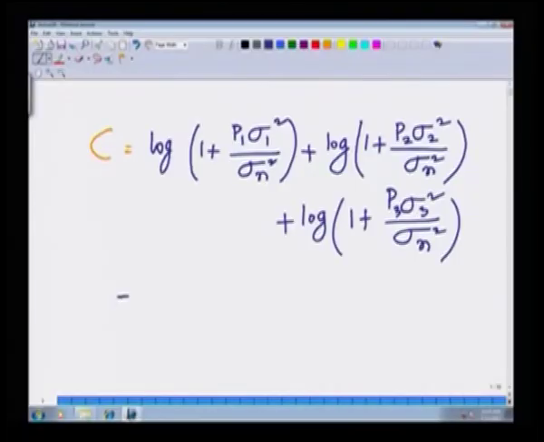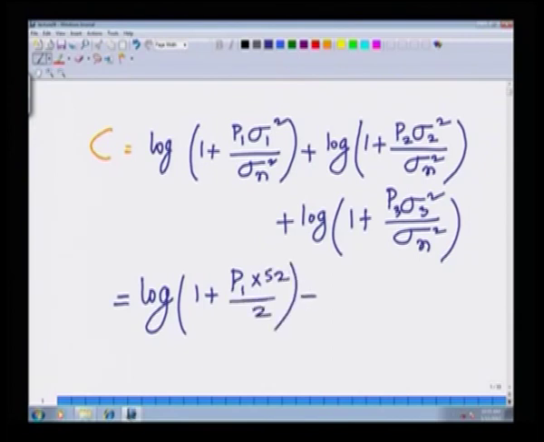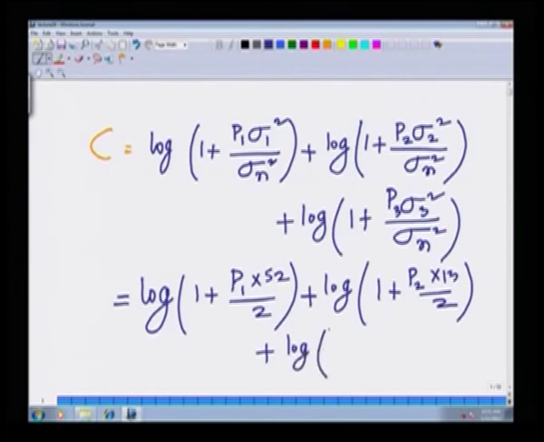This can be represented as log 1 plus P1 into 52 divided by 2, since sigma 1 squared is 52, plus log 1 plus P2 into 13 divided by 2, plus log of 1 plus P3 into 4 divided by 2, as sigma 3 squared is 4.